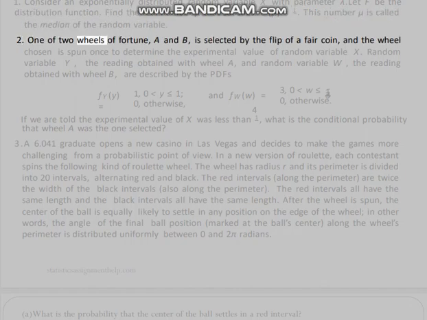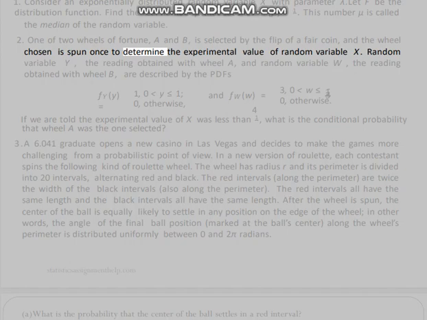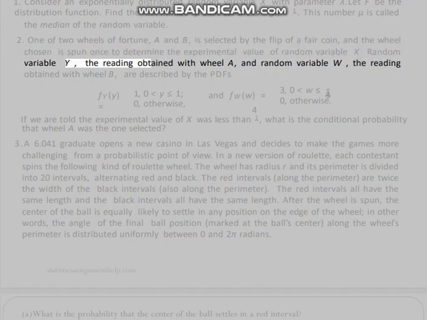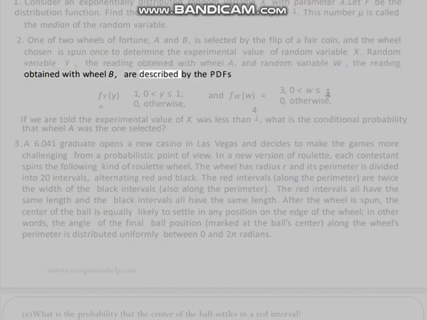2. One of two wheels of fortune, A and B, is selected by the flip of a fair coin, and the wheel chosen is spun once to determine the experimental value of random variable X. Random variable Y, the reading obtained with wheel A, and random variable W, the reading obtained with wheel B, are described by the PDFs.